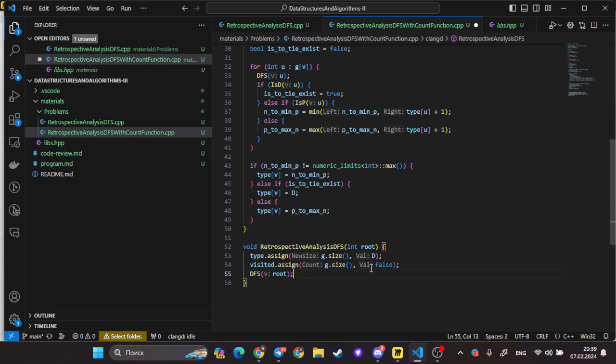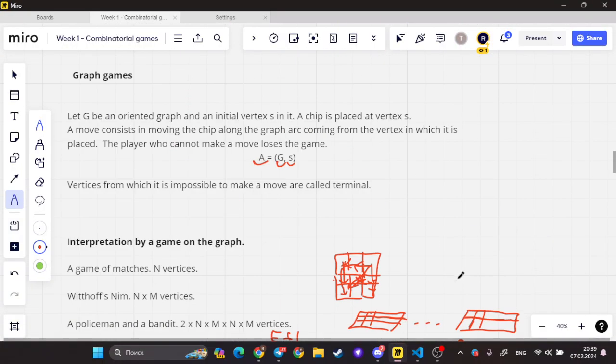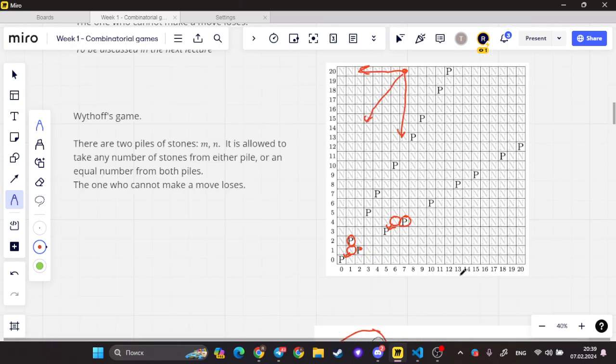Winner player. Okay. We have many initial states of our graph.